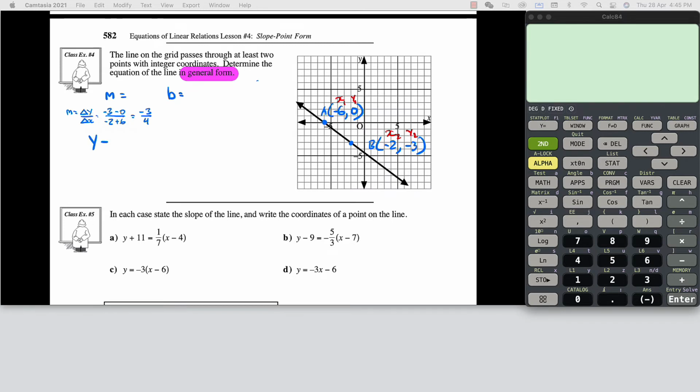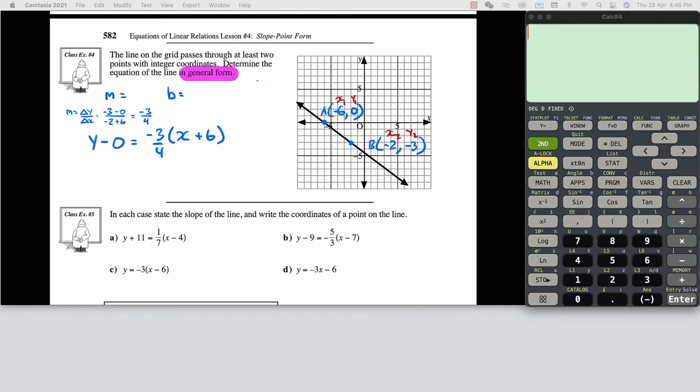minus y1, which is going to be 0, equals m, which is negative 3 over 4, times x minus negative, minus negative 6, which becomes a plus 6.